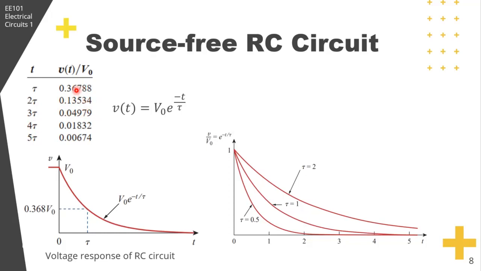As time increases by a multiple of tau, the value of v of t over v sub 0 decreases by 36.8%. After 5 time intervals, at 5 tau, it is 0.00674, which is less than 1%. That's why it's customary to assume that the capacitor is fully discharged or fully charged after 5 time constants.